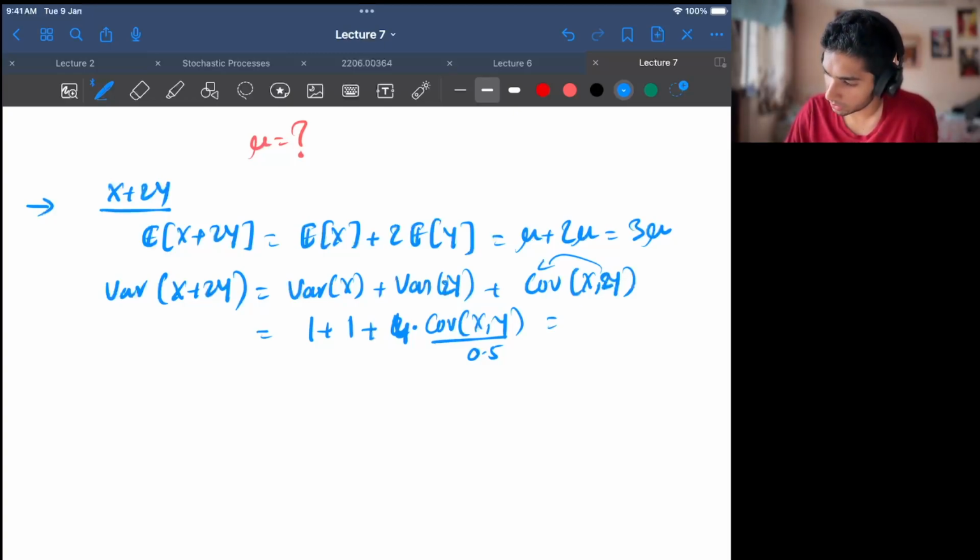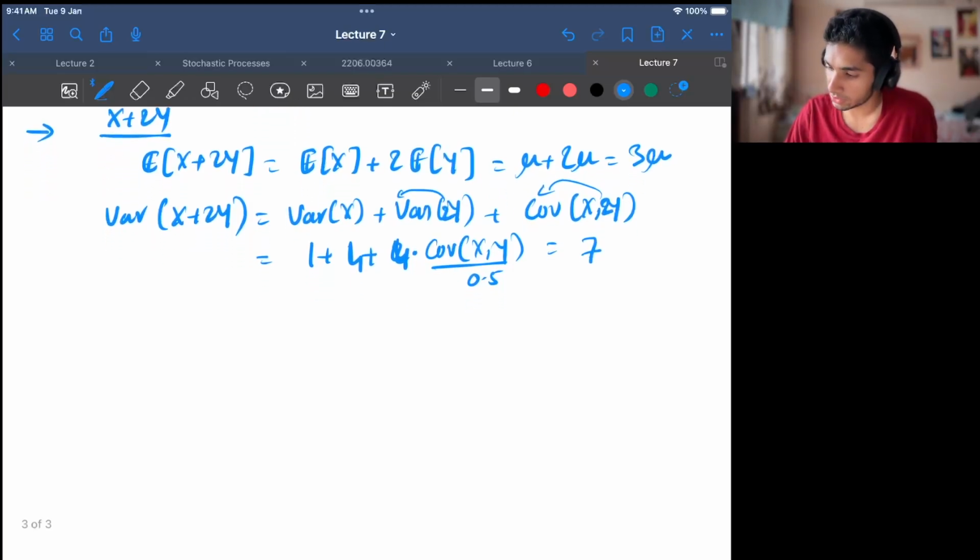Oh, sorry, I forgot there is again a 2 here. If this 2 comes out, it will become 4, 2 squared, right? So this will become 4 plus 2, 6, plus 1, 7. So the mean is 3 mu and the variance is 7.